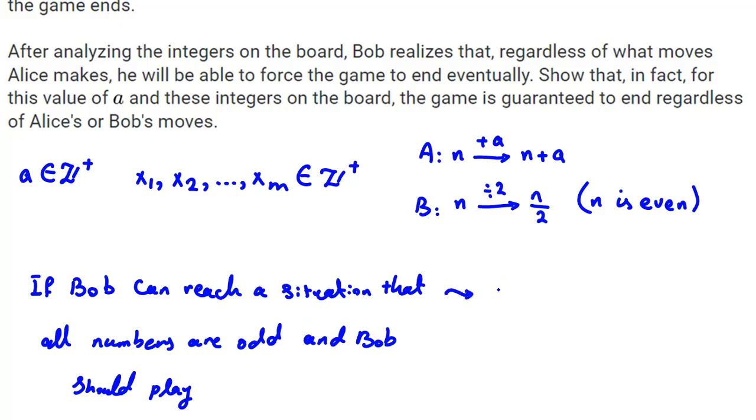Then it says we should show this: the game is guaranteed to end regardless of Alice's and Bob's moves. It means that eventually, regardless of Alice's and Bob's moves, all numbers will be odd.